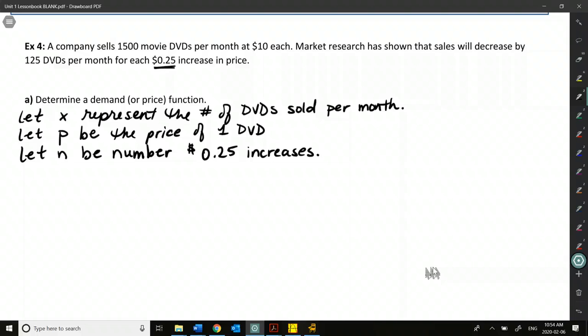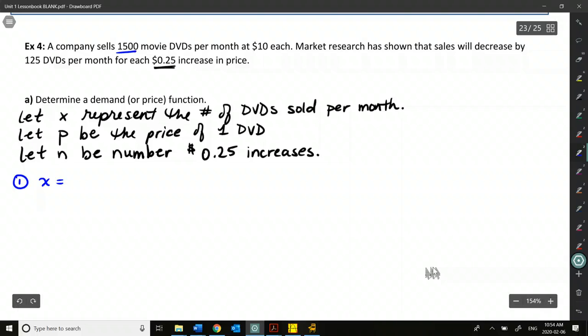Okay, so with the information that we have, we can create an equation for the number of DVDs that are sold per month in terms of the number of price increases, and we can also create another equation that will tell us about the price of the DVD in terms of the number of increases, or just increases in this case. So the first equation will be for X, which represents the number of DVDs sold.